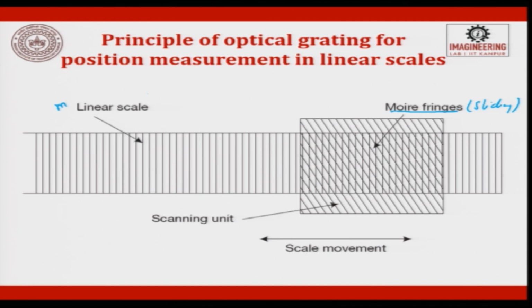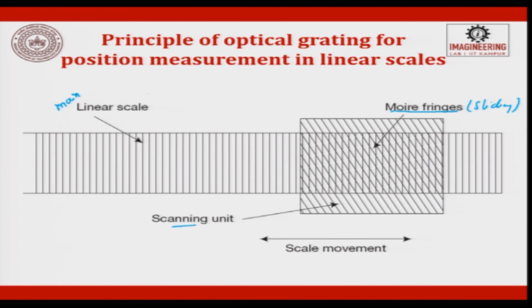When the sliding scale is at an angle, it tries to create fringe patterns. These fringe patterns are counted and converted into position, and this position will tell you what is the displacement it has done. Again, here we can use light or we can use electromagnetic field measurement to find out the displacement.